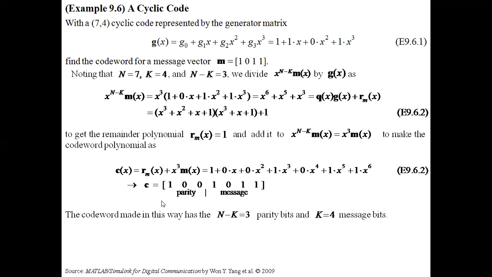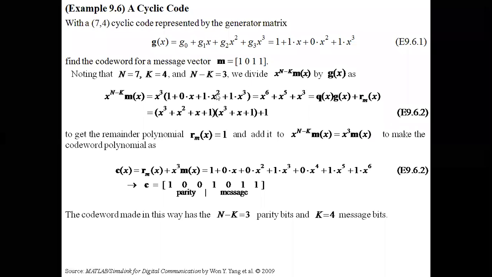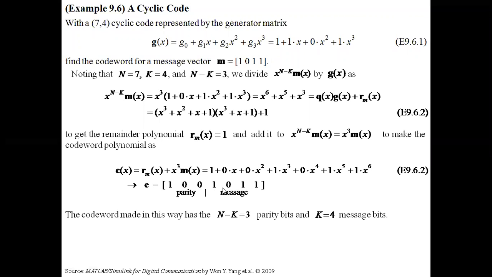So in the code word, the parity bits are 1 0 0, and the message bits are 1 0 1 1. The message bits given as 1 0 1 1 are repeated here along with the parity bits.